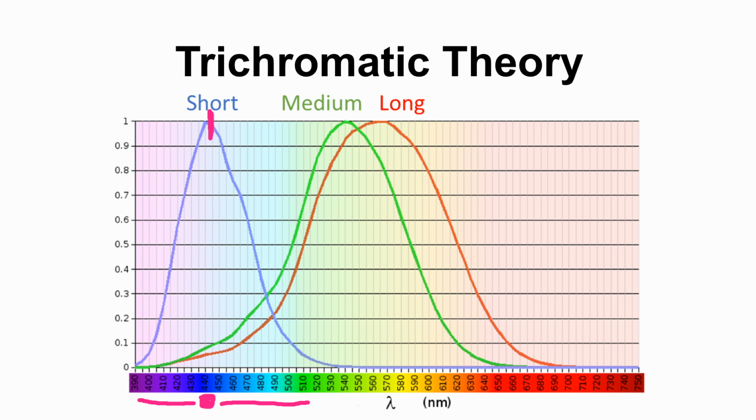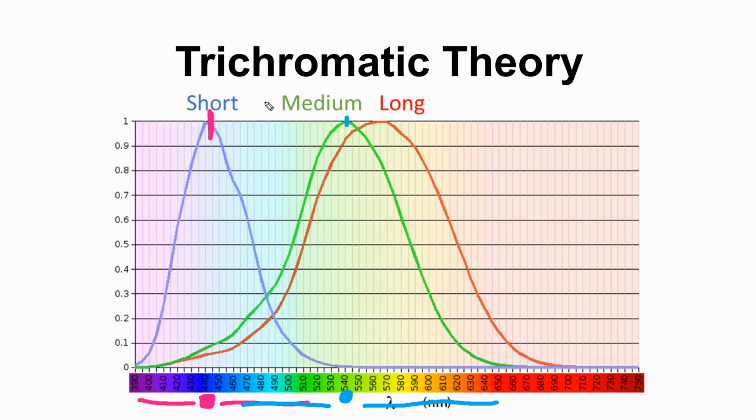So for our medium, for our greens, we'd respond really well around this 540 range, and we would respond a little bit below and a little bit above. But that's where we'd see the most responding with this particular wavelength.